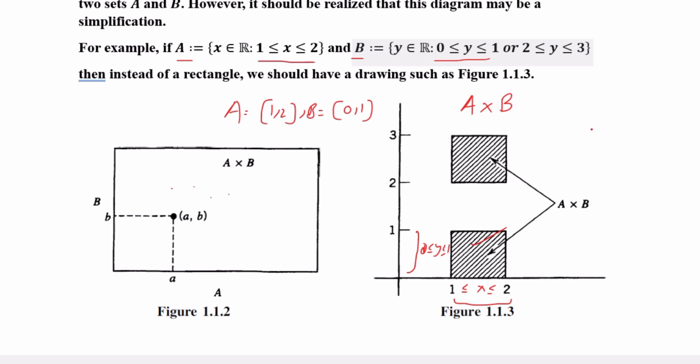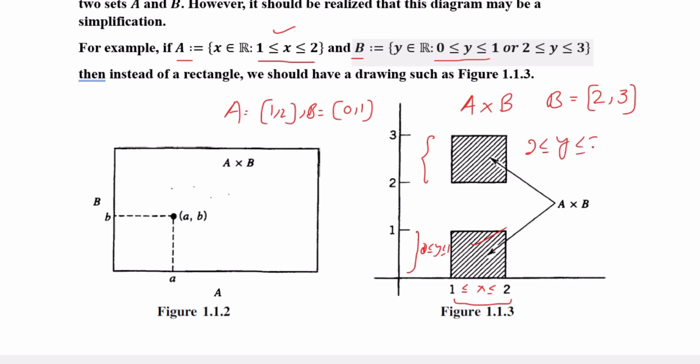Now if your set B is, here, an interval of y, if your B is [2, 3], while set A remains the same, it will again represent a rectangle, but the height of this rectangle will be where y lies between 2 and 3.